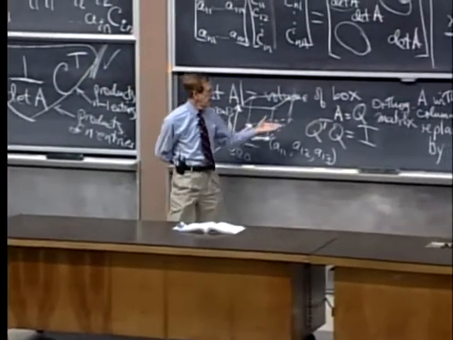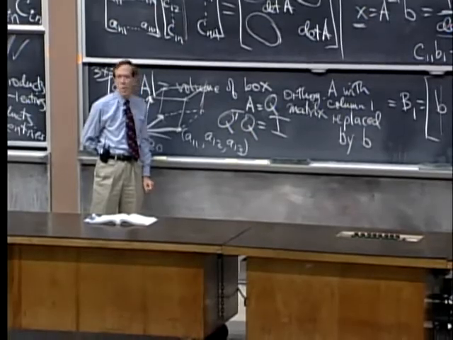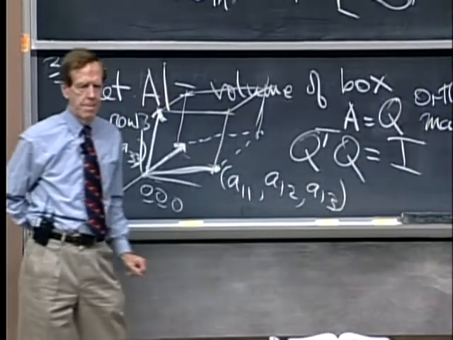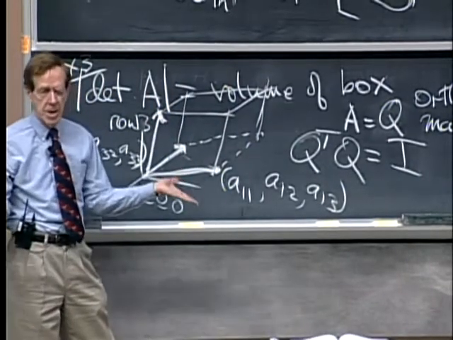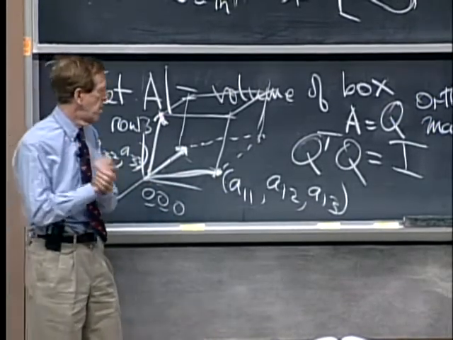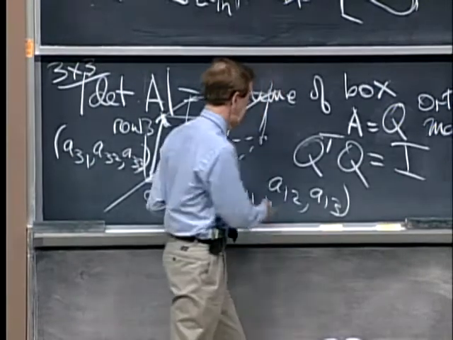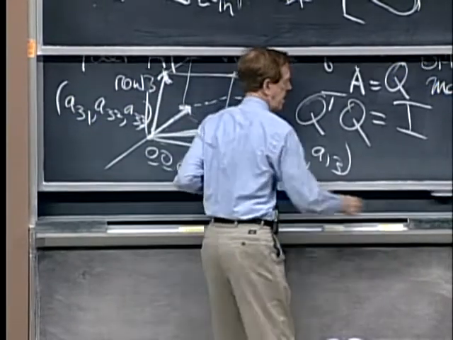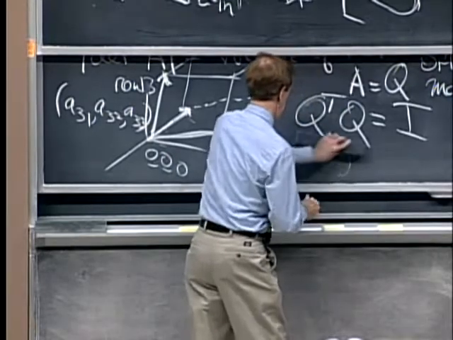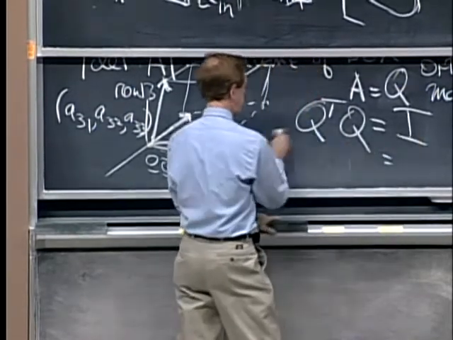How do I discover that the determinant of Q is 1 or maybe minus 1? I take determinants of both sides. Everybody says so, so I will.